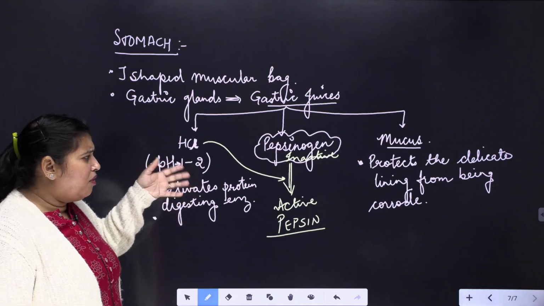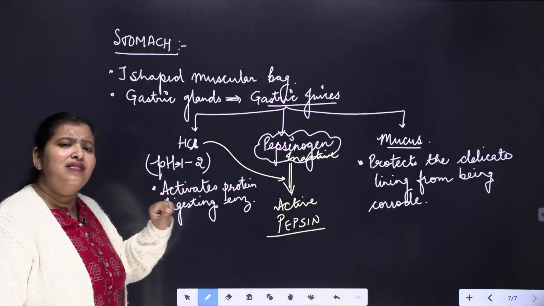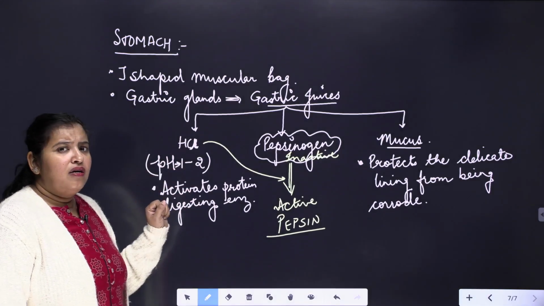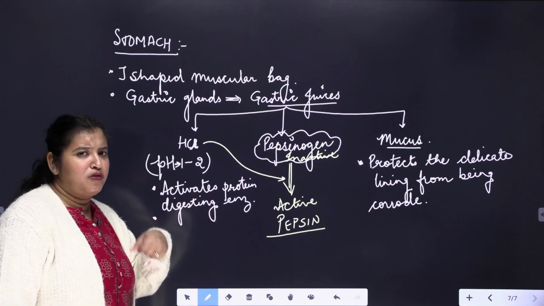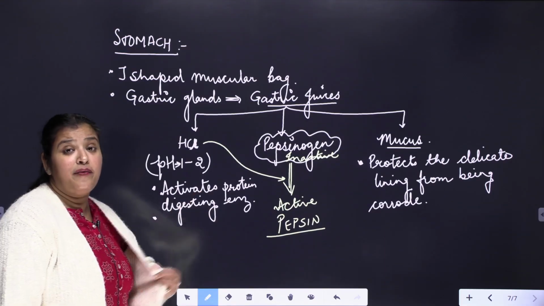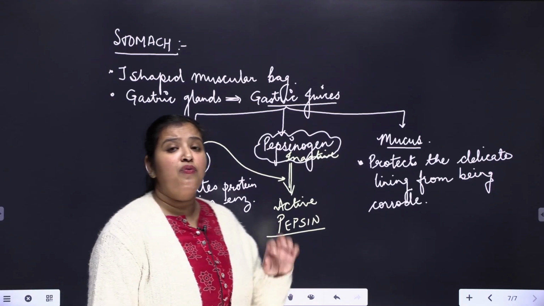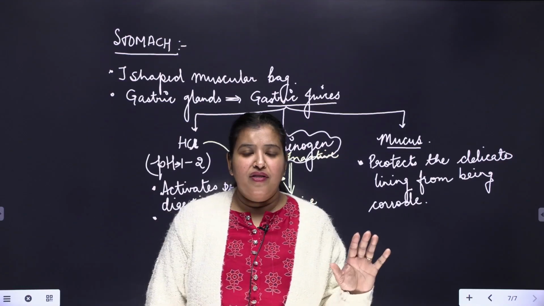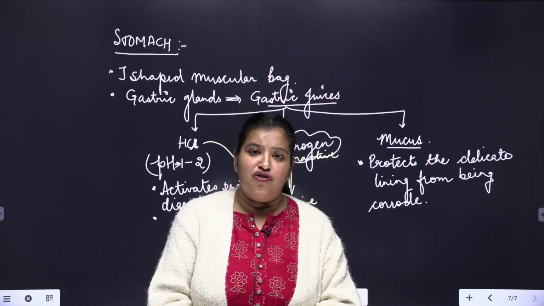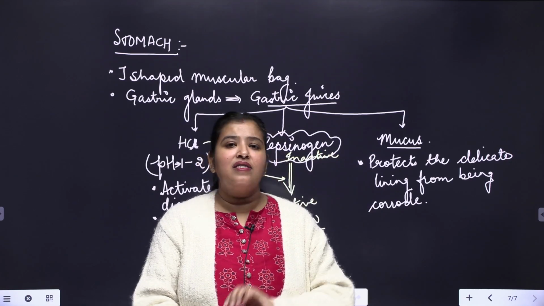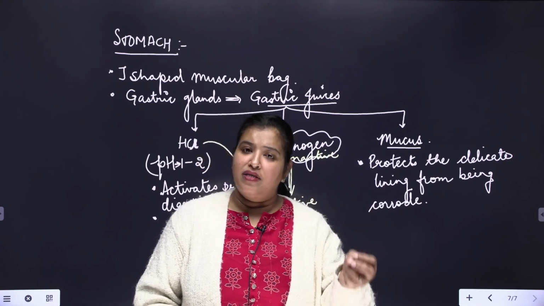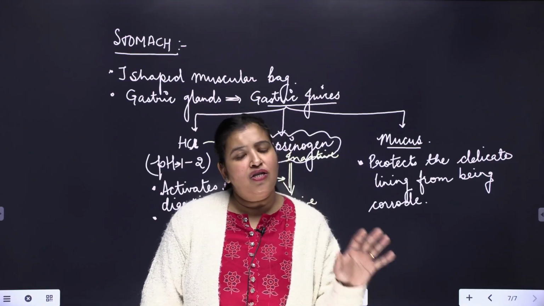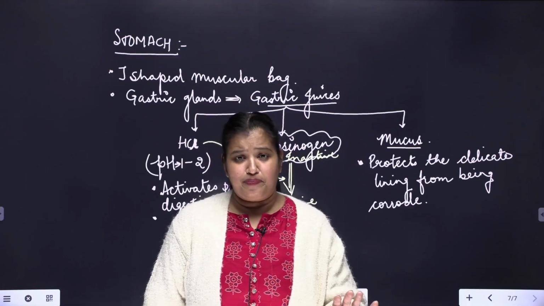Now, can you correlate? The pH was already slightly acidic in the buccal cavity, and it is still acidic in the stomach. Then why does pepsin need activation? See, all the enzymes that you will be studying are pH sensitive. That means they work on a specific pH. Salivary amylase needs a pH of 6.8, a slightly acidic condition, to digest the starch properly.